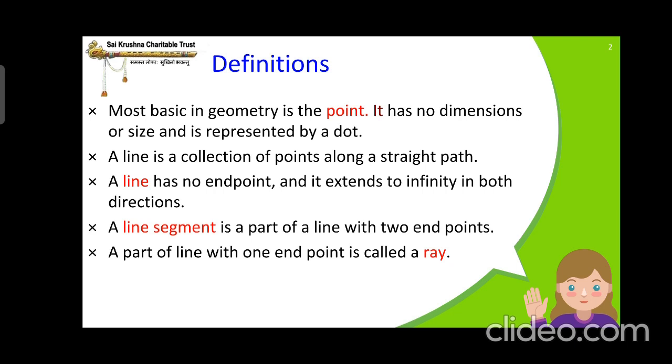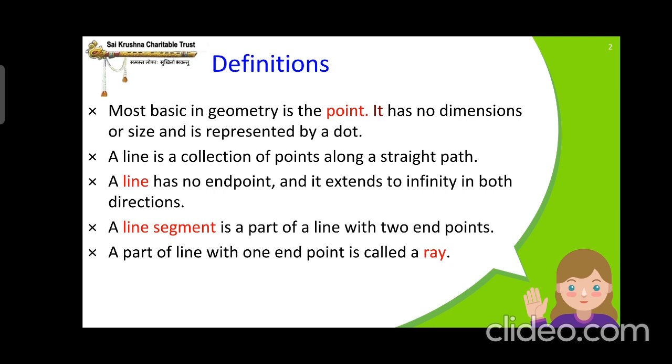So a line has no end point and it extends to infinity in both the directions. Which means it does not have any end point. You can drag it, and it extends to infinity in both directions. Next, a line segment is a part of a line with 2 end points.